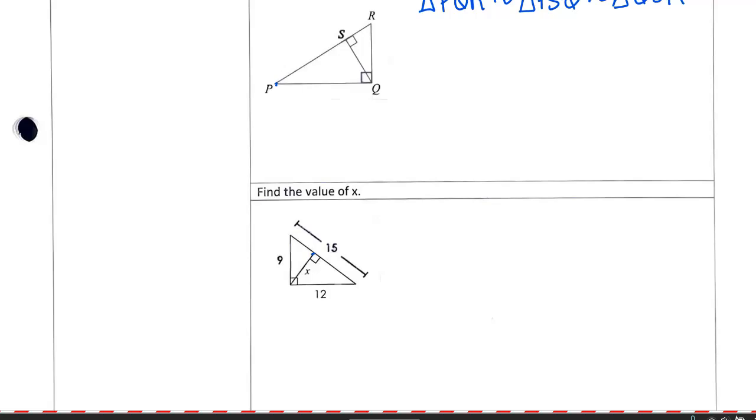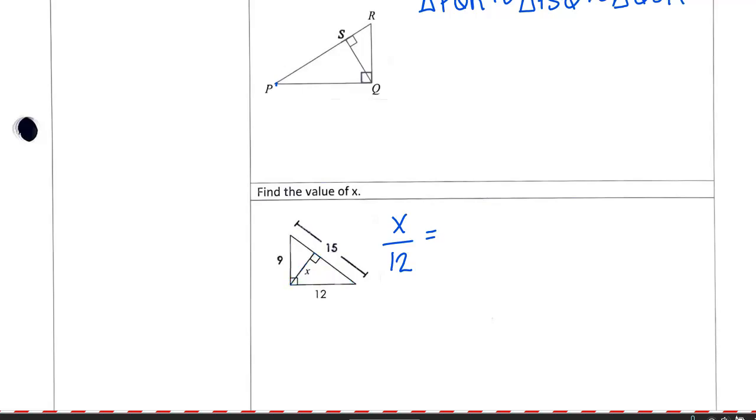So we want to set up a proportion, but the first thing that we have to do is make sure we have a leg and the hypotenuse. Let's go with the medium triangle. So the leg and the hypotenuse. So we're going to go leg over hypotenuse.